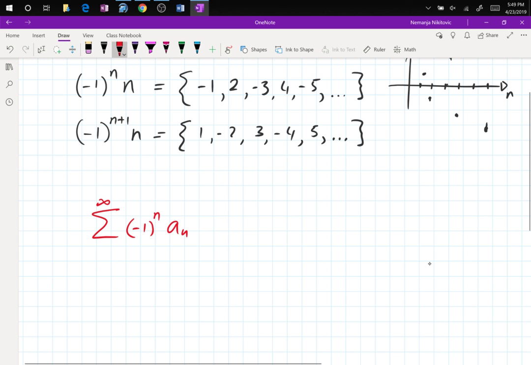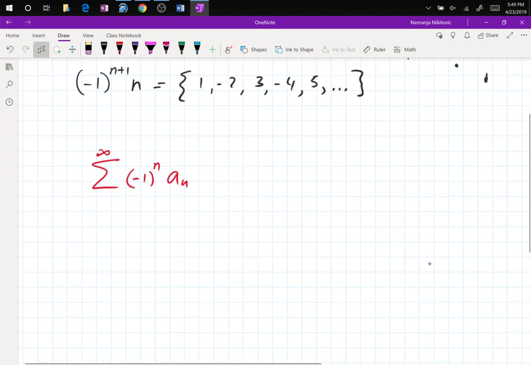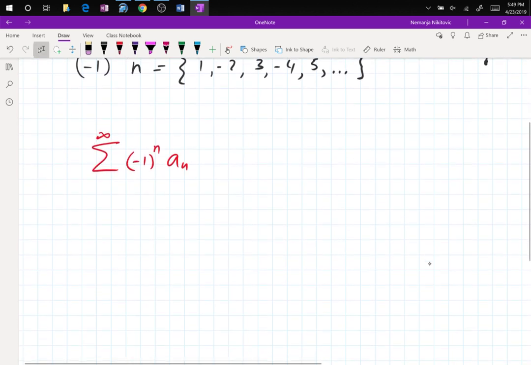So now, for alternating series, we have to have some conditions fulfilled so that we can test for convergence or divergence.